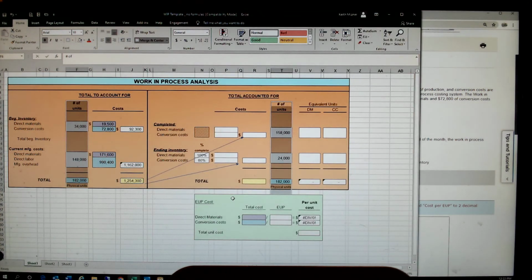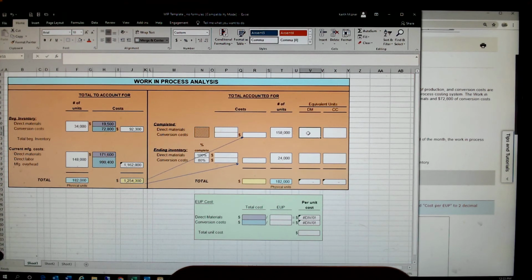And you know what? That's all I need to finish this report, I believe. I believe that's everything that I need. Because I can do step two now, can't I? These 158,000 that are completed represent whole units with regard to material costs and conversion costs.